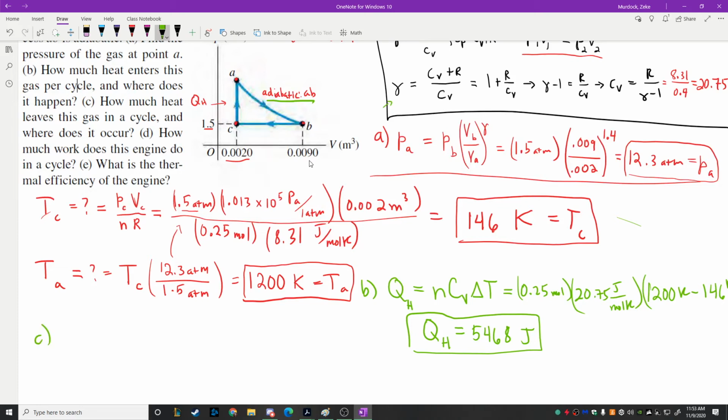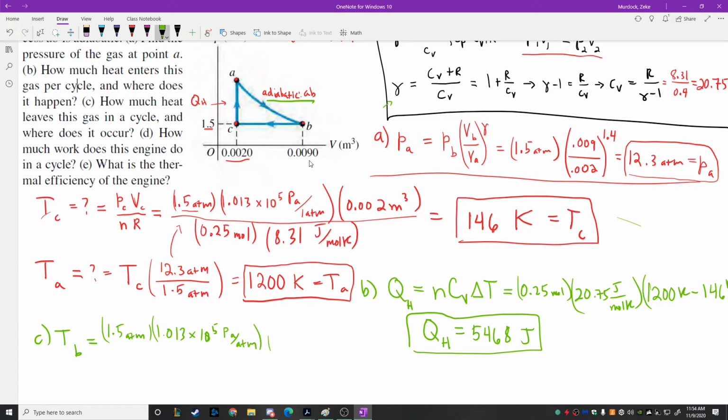So if we calculate what TB is going to be equal to, the temperature here is related to the pressure here, which will be 1.5 atmospheres. Again, we got to multiply by 1.013 times 10 to the 5th pascals per atmosphere.